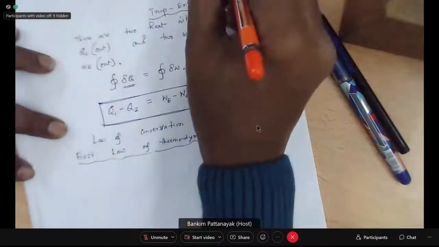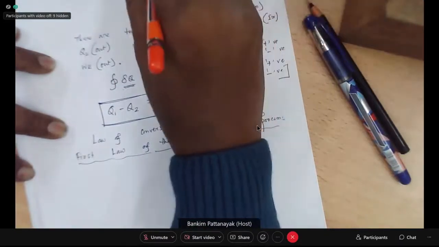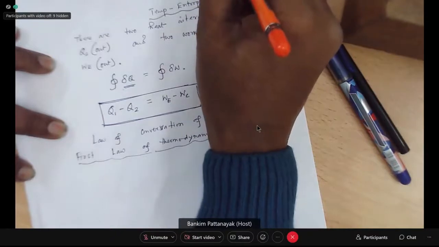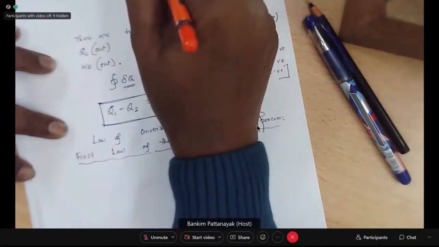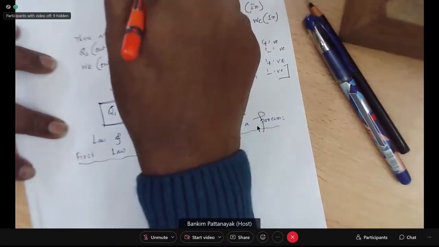So therefore, the thermodynamic coordinates at 1 and 2 are totally different. Here the volume is higher, here the volume is much lower. Here the temperature is lower, here the temperature is higher.